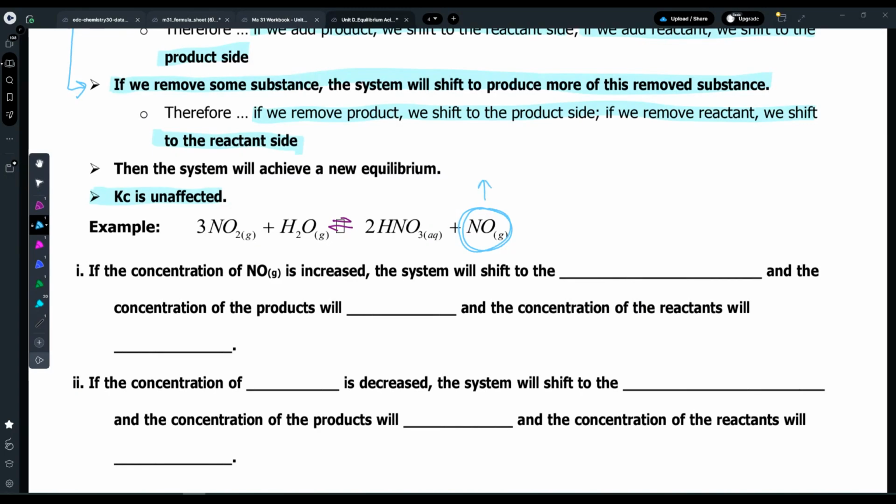If we increase the amount of nitrogen monoxide, remember, if you add something, the equilibrium shifts away. So we're moving away. This means that if we increase the concentration of nitrogen monoxide, that's going to cause the system to shift to the left side, or you could also say the reactant side.